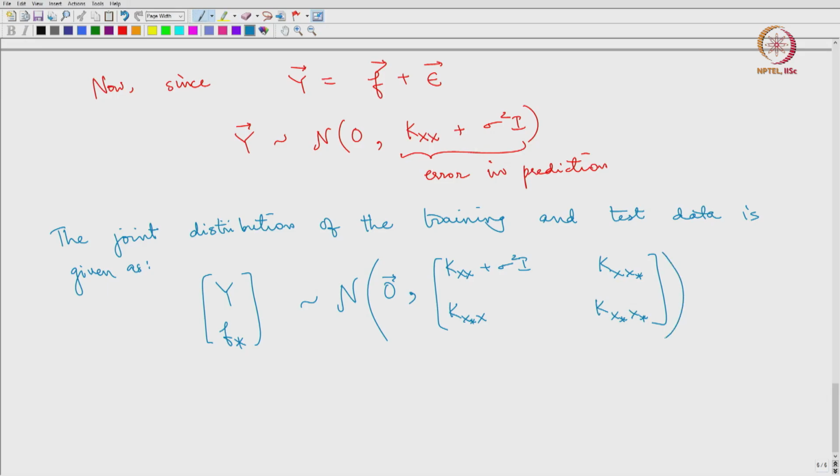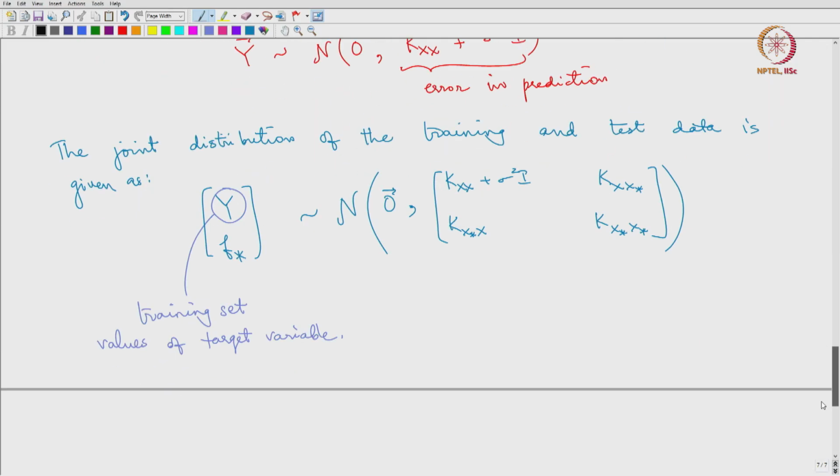So, this now makes it clear that this is essentially the training set values of the target variable, right. They also have some irreducible error, that is what we are writing here, and that is always assumed in a data oriented approach, and this f star is the latent function values at the test points.